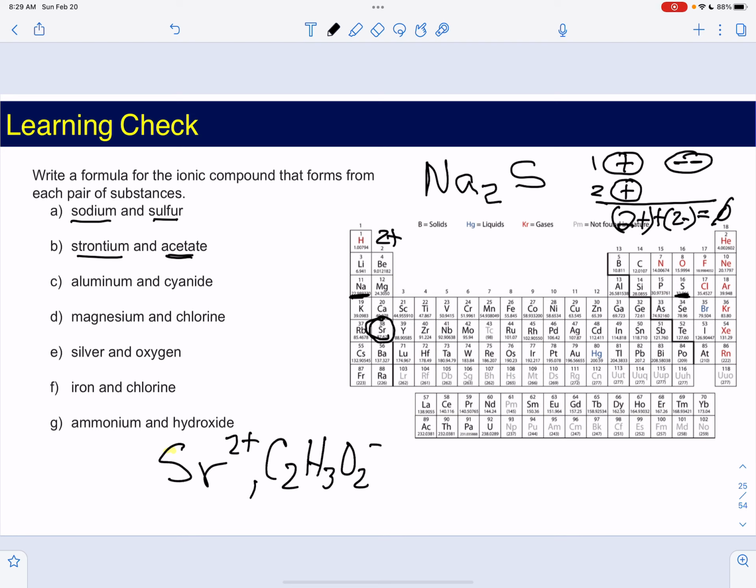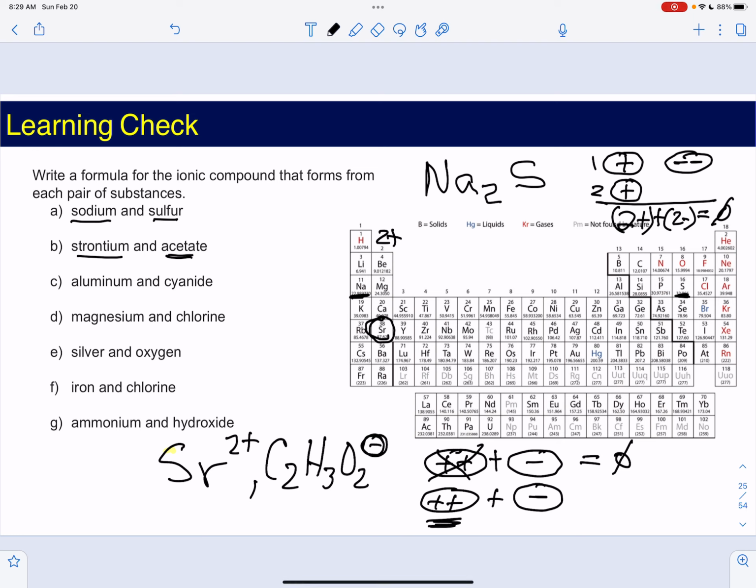So how do they combine? Strontium is a package of 2 plus, while acetate is a package of minus 1. That's the only thing that matters, the charge. So this plus this doesn't give me 0. So what do I need more? I need more of this. So let's check it out now. This plus these two give me 0. So that's what I need.